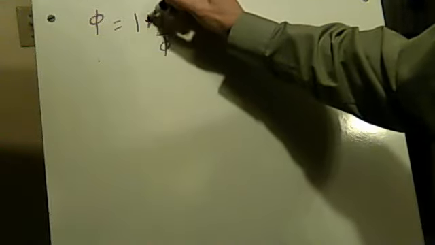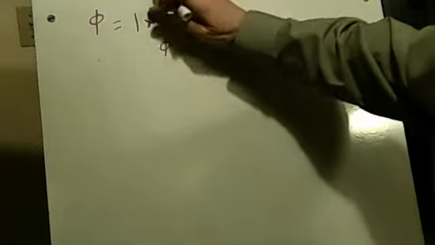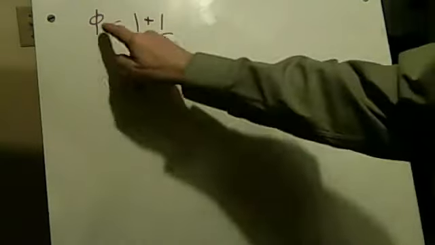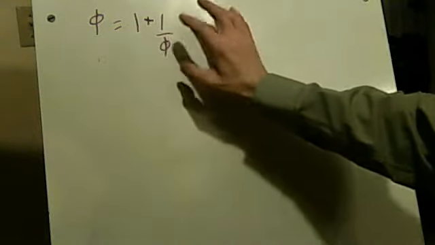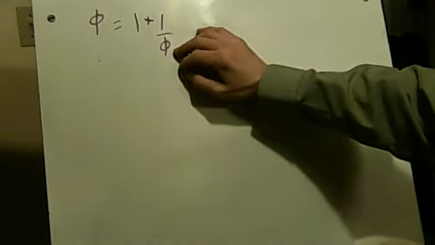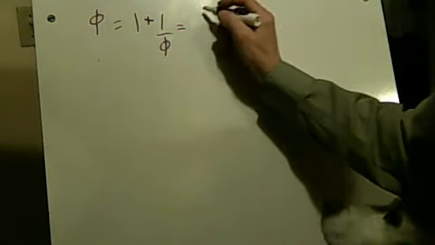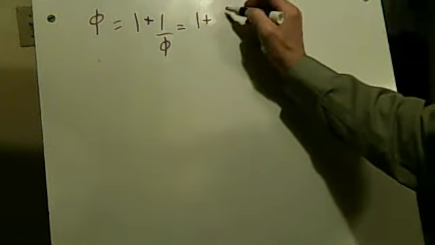But we happen to know ahead of time that the answer to that equation is a number that's about 1.6. And that's very interesting because 1 over 1.6 is a number that's less than 1. And since phi is equal to 1 plus 1 over phi, it's possible to take this phi, this is a little tricky, you may not have seen this before.